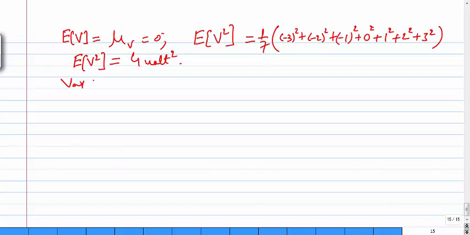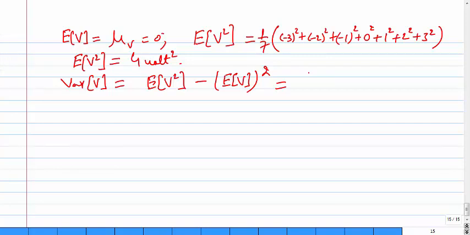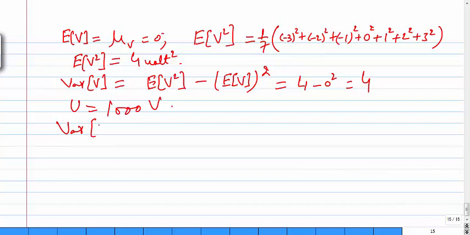Now variance of v is equal to expected value of v square minus expected value of v whole square. So plug in the values, it becomes 4 minus 0 square, that becomes 4. Now we know that u is equal to 1000 v. Now we have to calculate the variance of u.